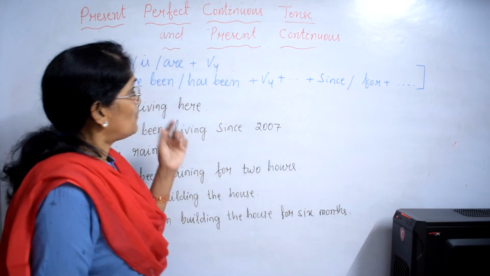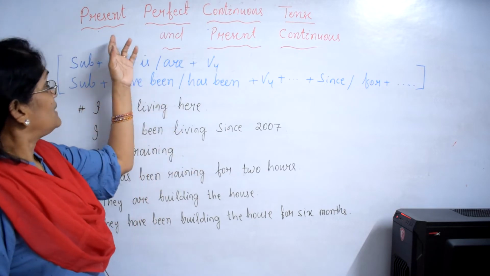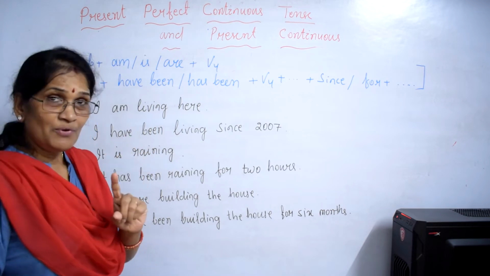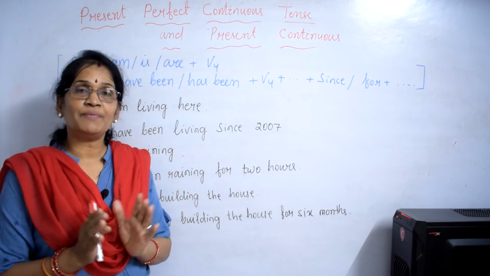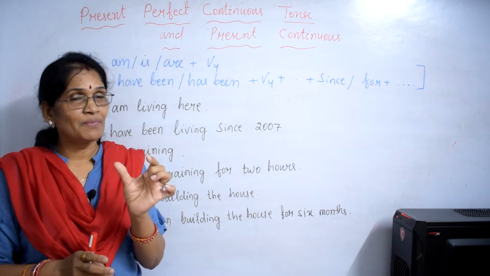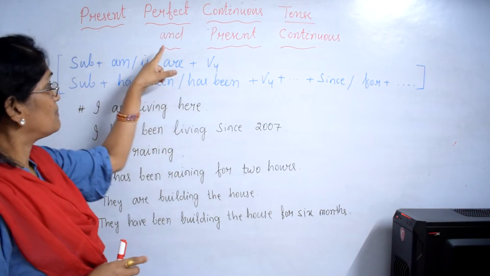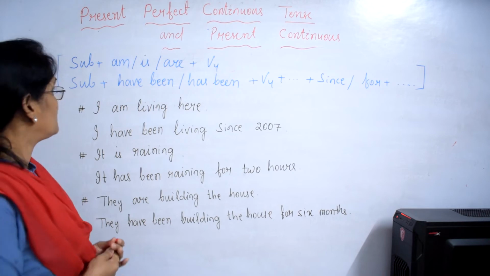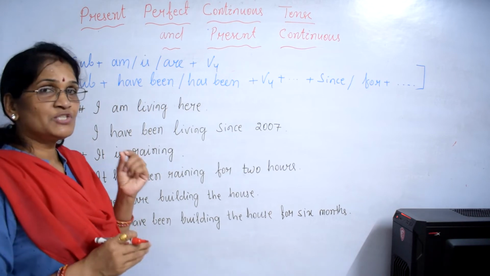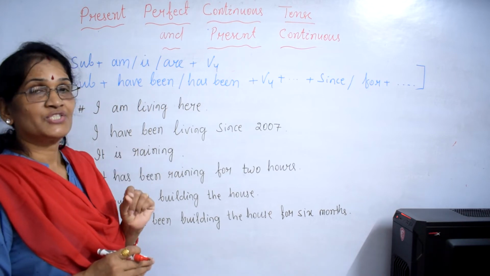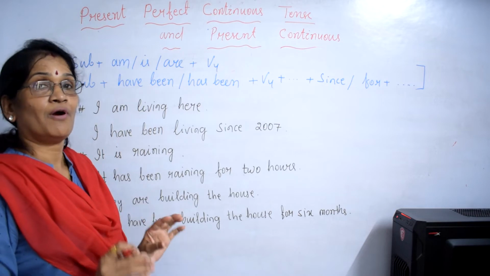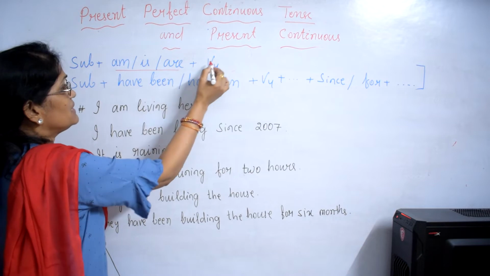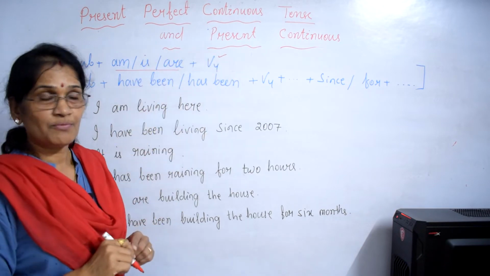Let's see what's the difference between present perfect continuous and present continuous. You have known the structure of present continuous: subject plus be verb plus the ing form of a verb. Tense means at first we have to recognize, we have to understand verbs. So, subject plus am, is, are plus the ing form of a verb.